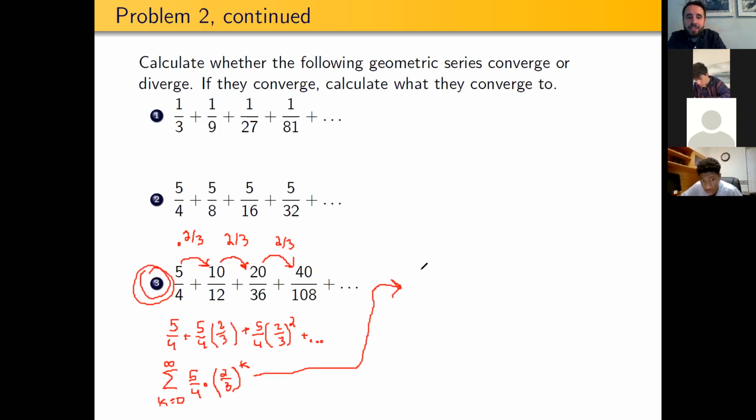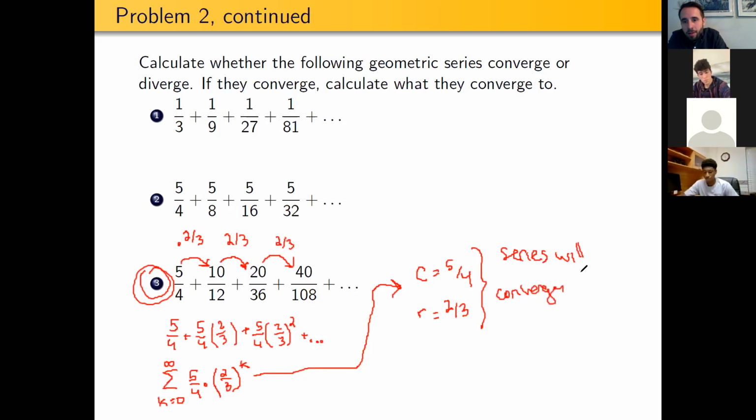Once we know this is true, our C value, our starting value, is 5/4, and our R value, our common ratio, is 2/3. Because that's less than 1, we know that the entire series will converge, and then we just have to do some math.